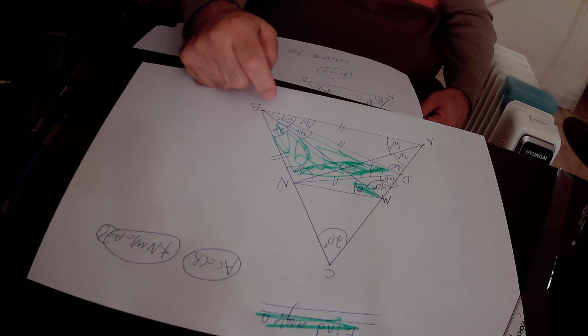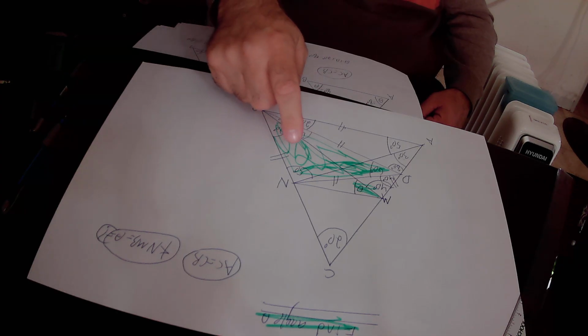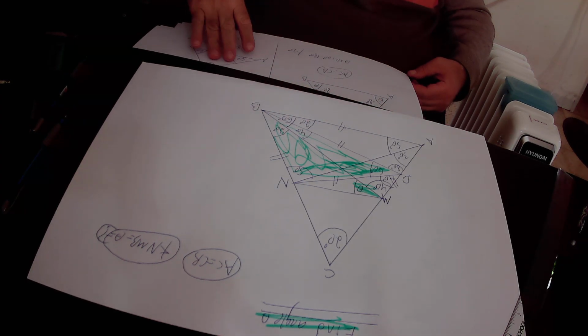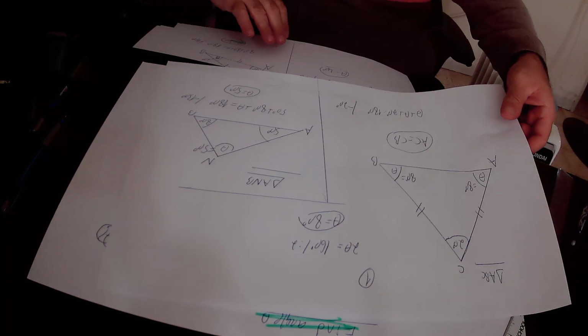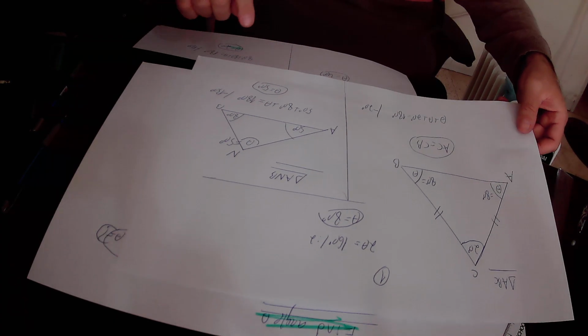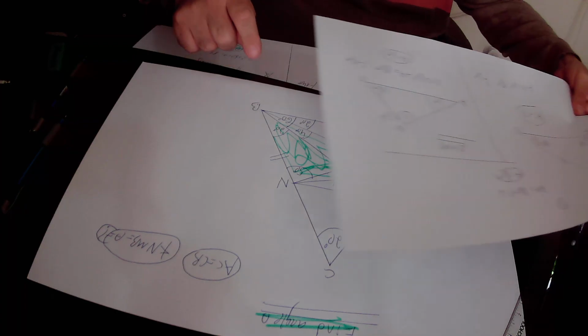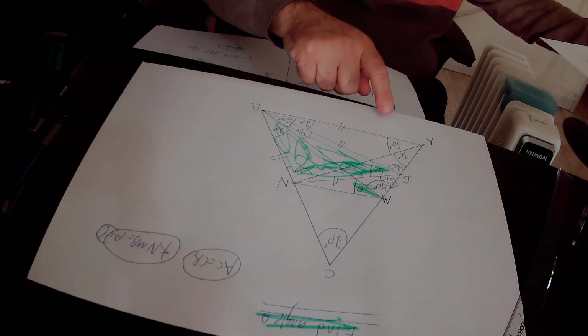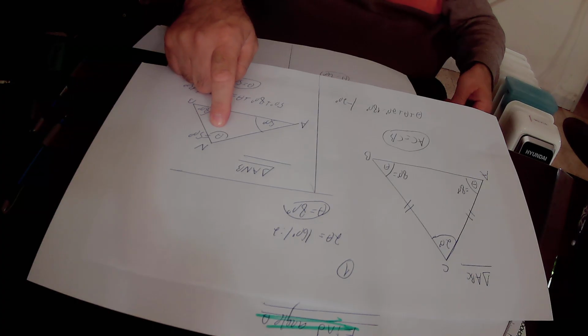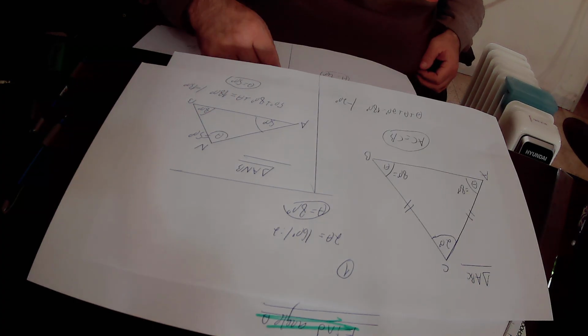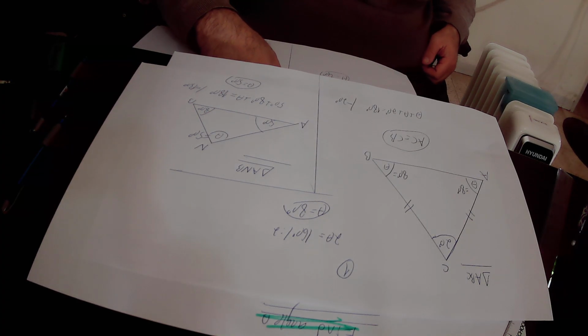Okay, so in the next step we focused on triangle NAB. So I copied triangle NAB onto a new page. This is angle theta that is equal to 80 degrees. This is angle NAB that is equal to 50 degrees, and this is the missing angle. In triangle NAB, the sum of the angles must be equal to 180 degrees.